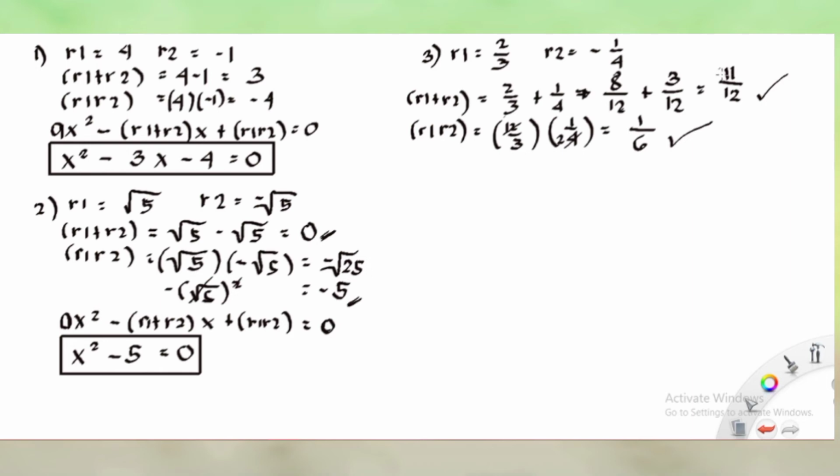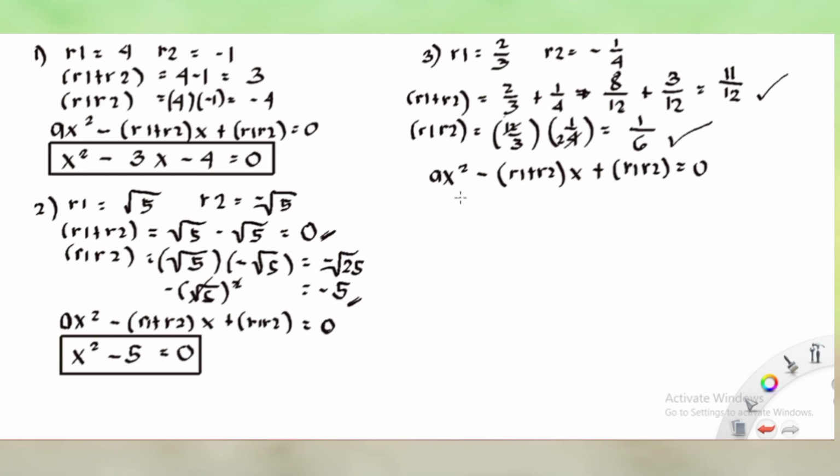Alright? The sum of the roots is 11 over 12. The product of the roots is 1 over 6. Now, let's have the quadratic equation. Again, the formula is ax squared minus the sum, (r1 plus r2)x, plus c, which is root number 1 times root number 2, equals 0.